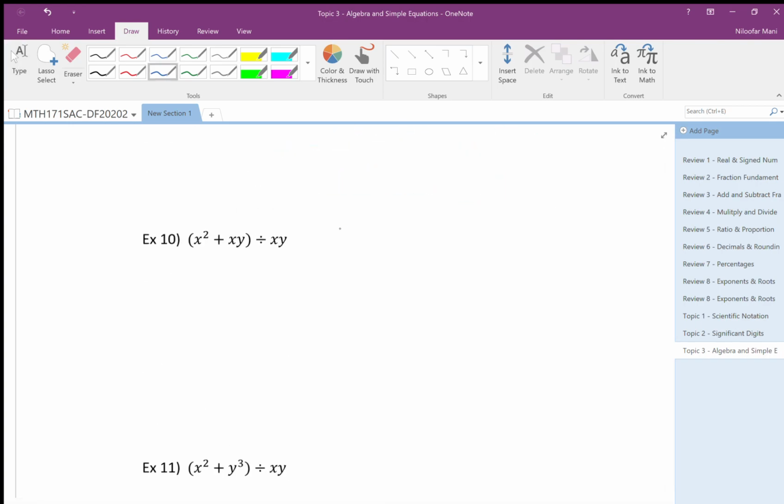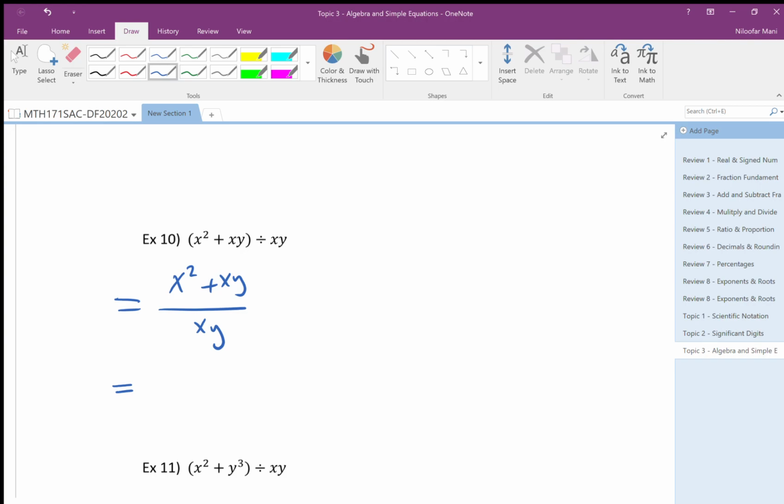Okay, this question, so look at this. X squared plus xy divided by xy. Okay, can I factor anything from the top? What do I mean by factor? When you see something is common in each term, you can bring it out.